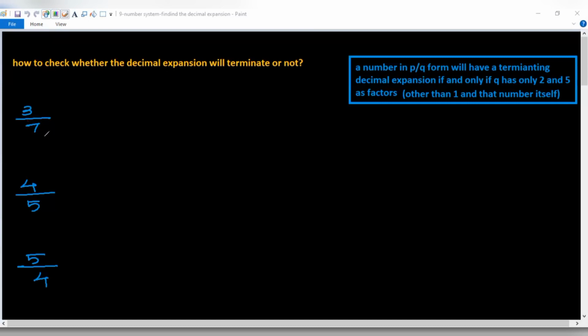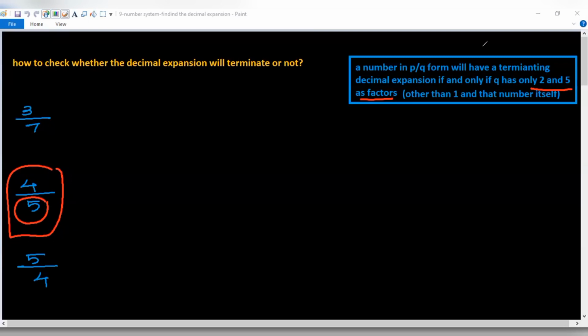If the denominator has only 2 and 5 as factors, then it will terminate. The corresponding decimal number will terminate. Hope all of you understood.